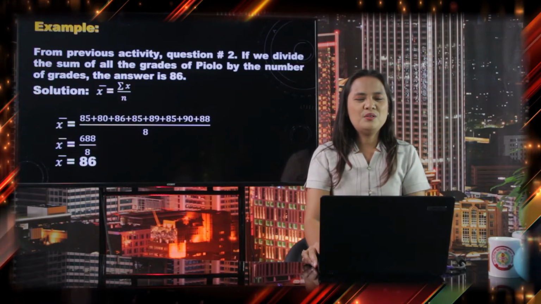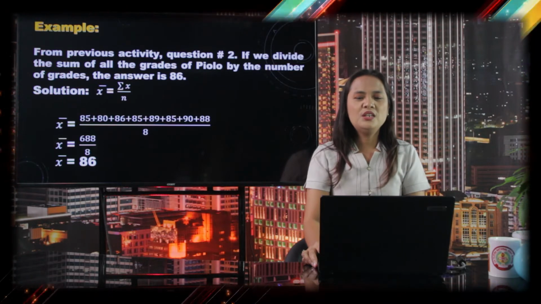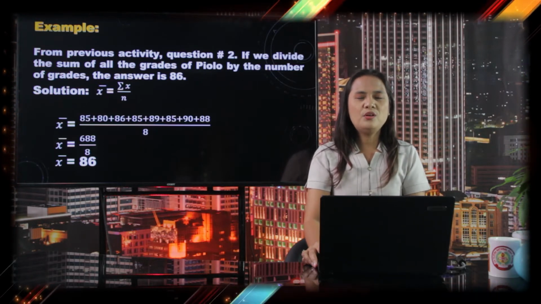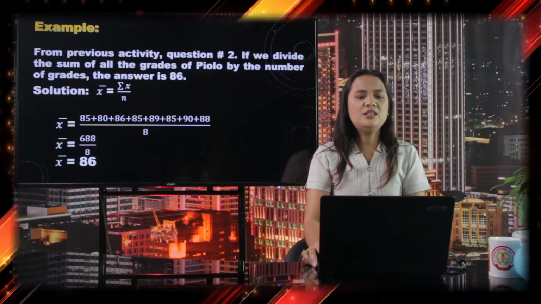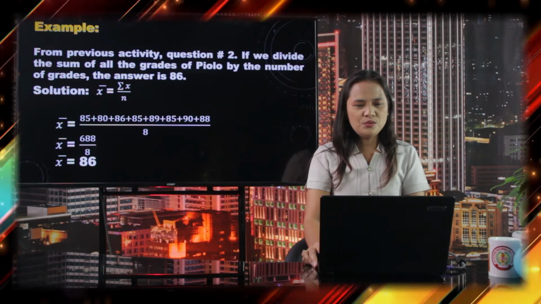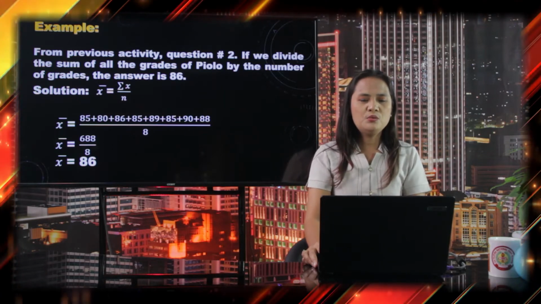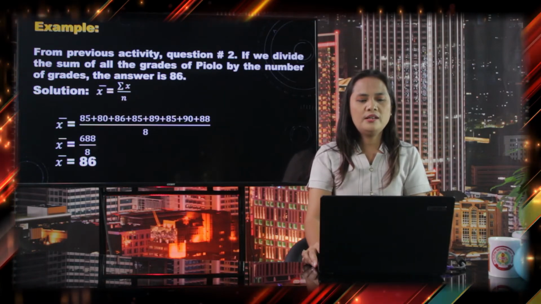For example, from the previous activity, we have question number 2. If we divide the sum of all the grades of YOLO by the number of grades, the answer is 86. So we have the solution here. Using the formula, mean is equal to summation of x over n.